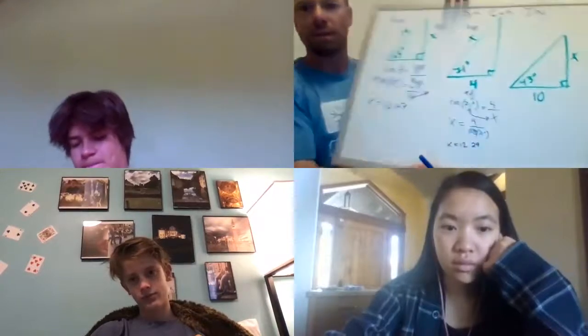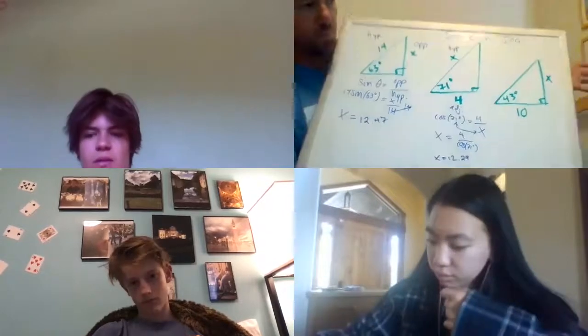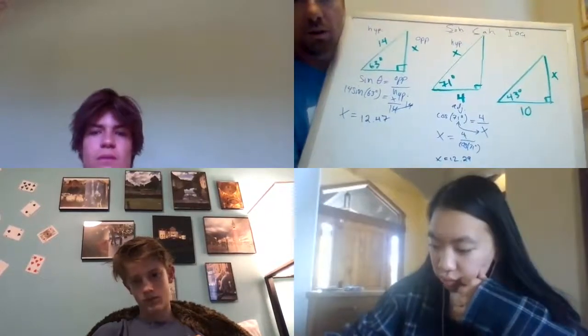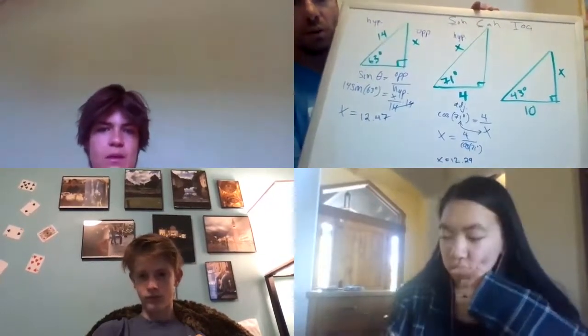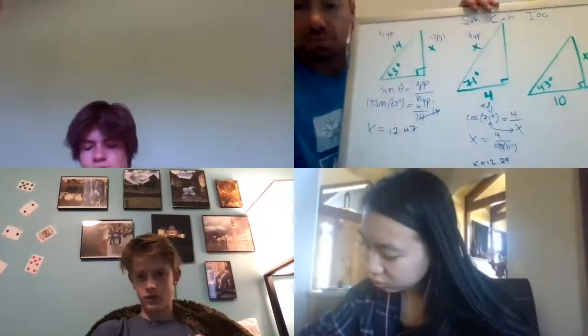I got 12.29, my friends. How'd you guys do? I've got a thumbs up there. This third one, why don't you guys go ahead and see if you can do that one on your own?